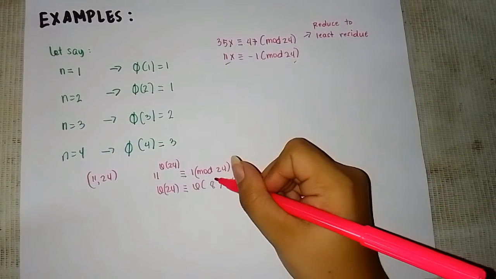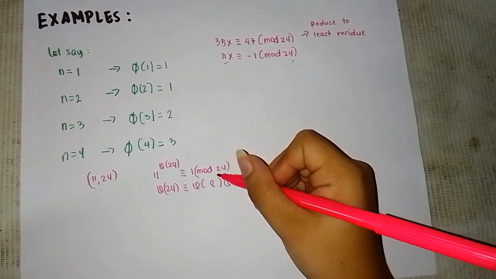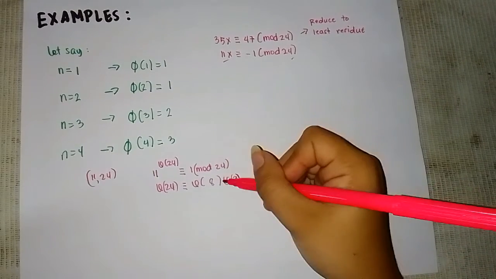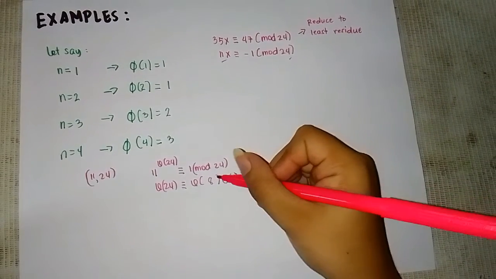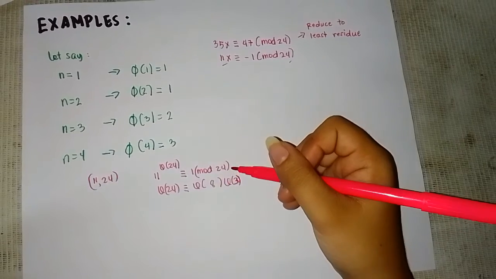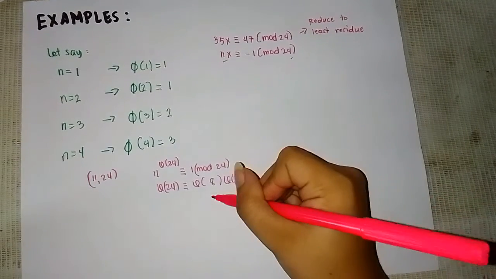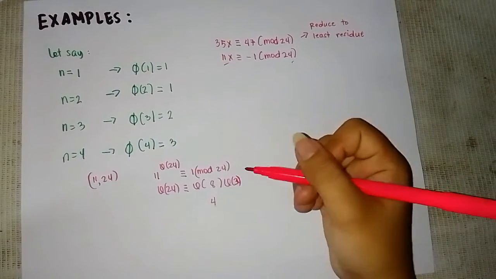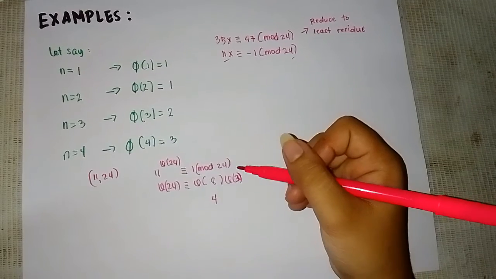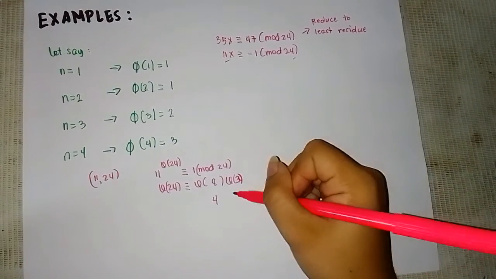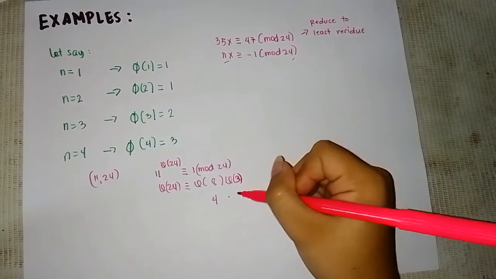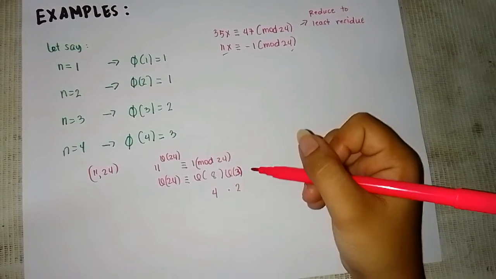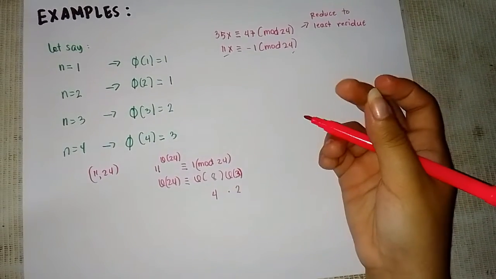So for 8, we will find positive integers not exceeding 8 and relatively prime to 8. So we have 4 numbers. We have 1, 3, 5, and 7. For 3, we have 2 and 1. So we have 2 positive integers that are relatively prime.